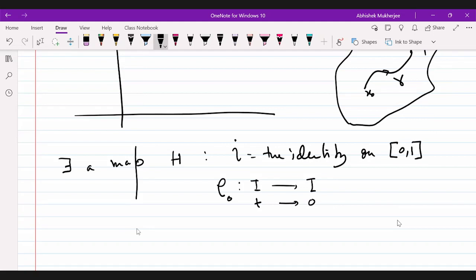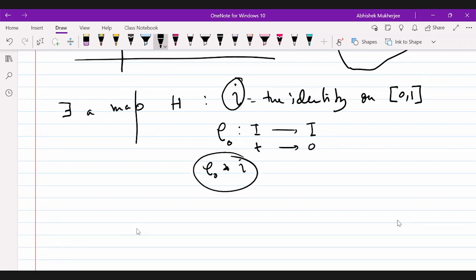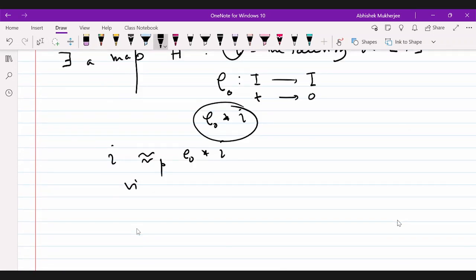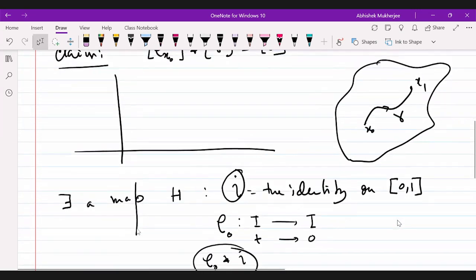Okay. And we are taking the concatenation of this, E naught star I. Okay. So these two paths, this I and E naught star I, will be path homotopic via some H. Now, if you look at the picture here, what is your I?